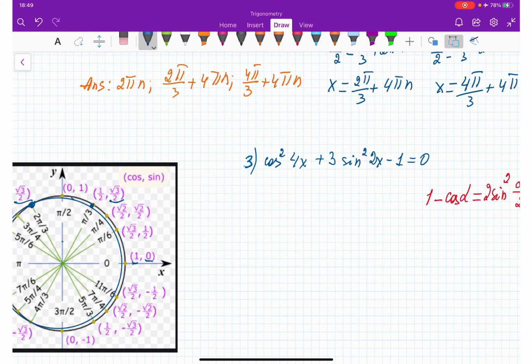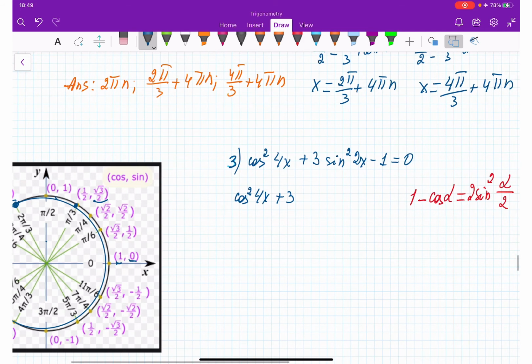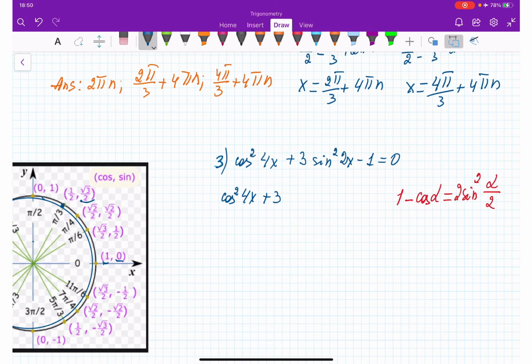From here, cosine squared 4x plus 3 times, so what I'm going to do, sine squared 2x, see, I'm going to represent as 1 minus cosine 4x divided by 2, right?